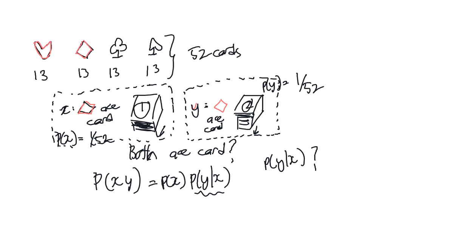Okay, so it is important to notice here that the success of getting a diamond ace card here has nothing to do with whether you get a diamond ace card from set number 1, right? So event X and Y are independent events.